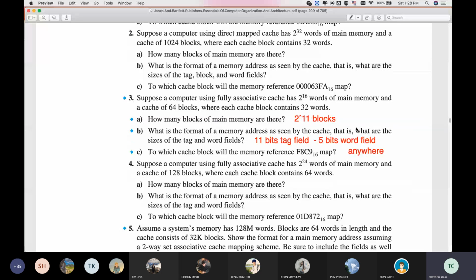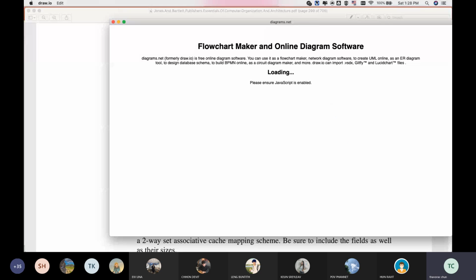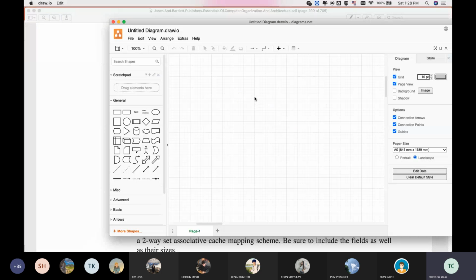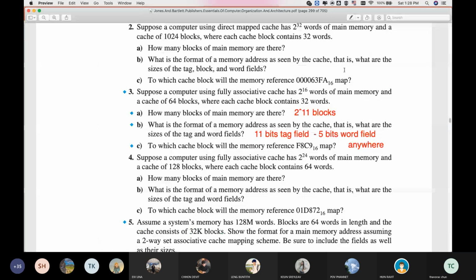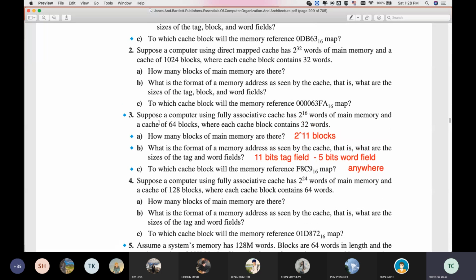I already have some here, but don't need to care about it. Let's just do some exercise. We'll use draw.io like last time. So the question in exercise 3 is similar to 1 and 2. The difference is we are using fully associative instead of the direct map here.